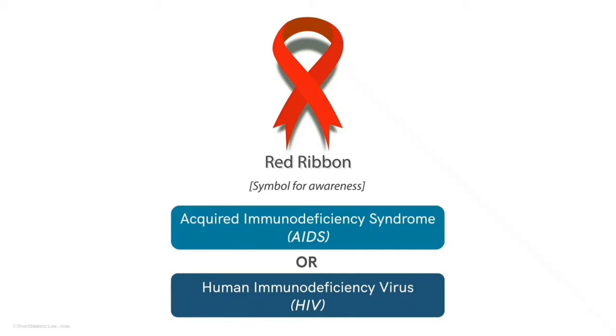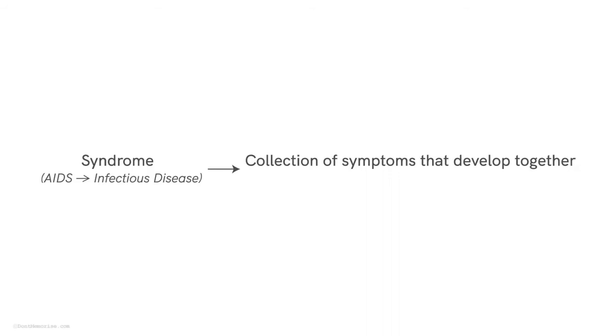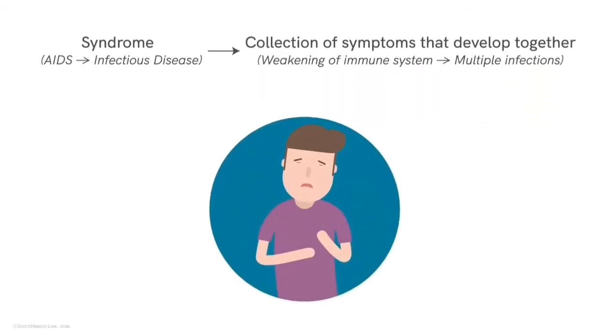Now, before moving ahead with the disease, let's first learn what we mean by a syndrome. It's a condition identified by a set of related symptoms. In simple words, AIDS or any syndrome is a collection of symptoms that develop together. Like in the case of AIDS, since the case leads to multiple infections due to the weakening of the immune system, the person suffering shows multiple symptoms all at the same time.